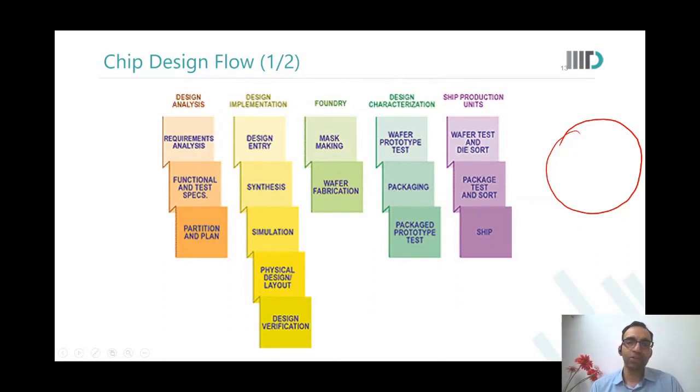Right. So the first test you do is on the wafer level itself: let me see how many dies on this particular wafer are working. After that wafer prototype test, you identify the good ones, and only those good dies you package. You don't package the bad ones. After packaging, you do another test.